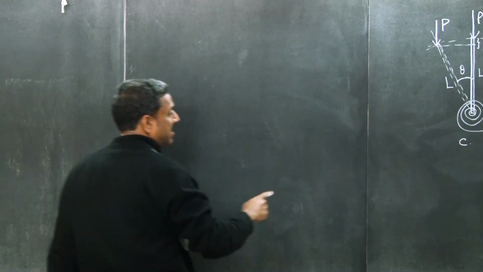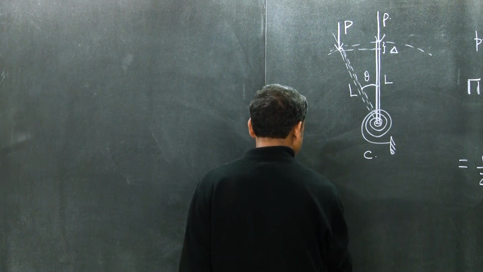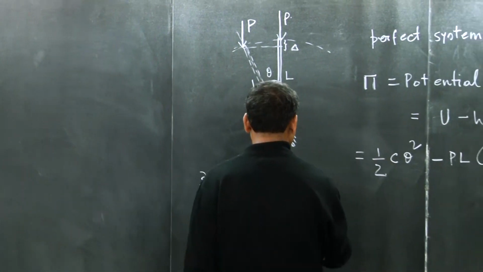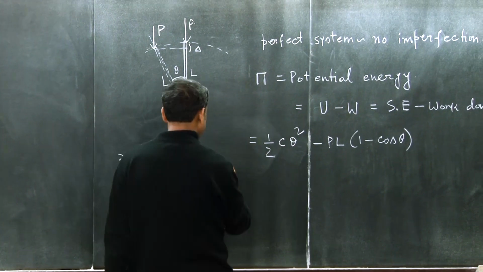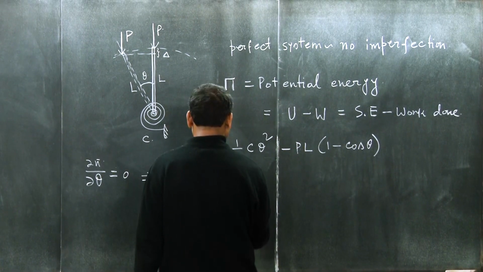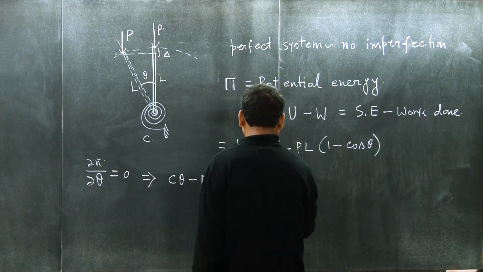So, from there, what I am going to do, del pi by del theta must be equal to 0 for the equilibrium, right? So, del pi by del theta is how much? C into theta minus P into L sin theta must be equal to 0.